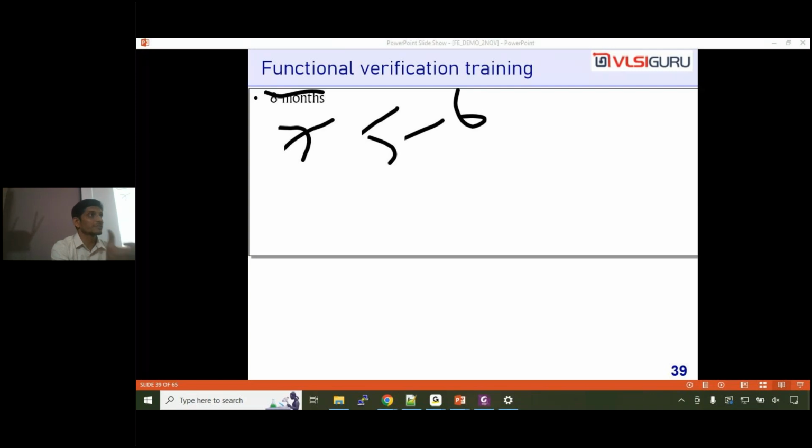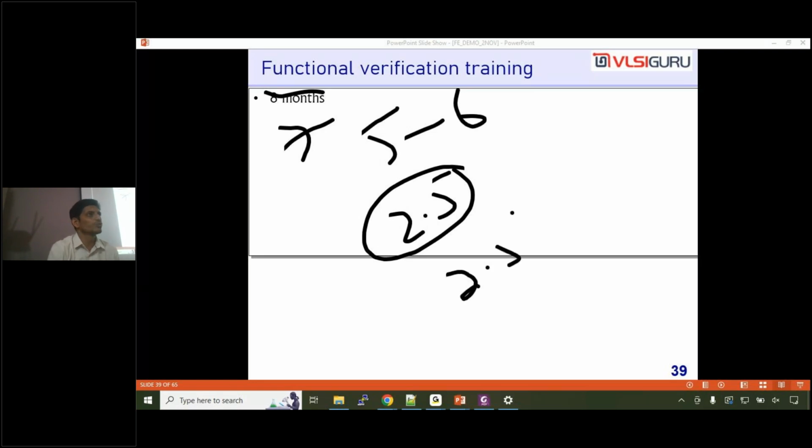Because to gain expertise in one subject like digital design, it requires almost 1 month. To gain expertise in Verilog, it will require 2 to 2.5 months minimum. Anything less than that, we'll be doing only at top level. System Verilog will again require 2 to 2.5 months. UVM will only require 1 month, maybe a little less than that.